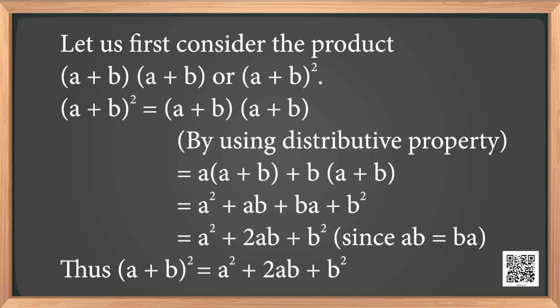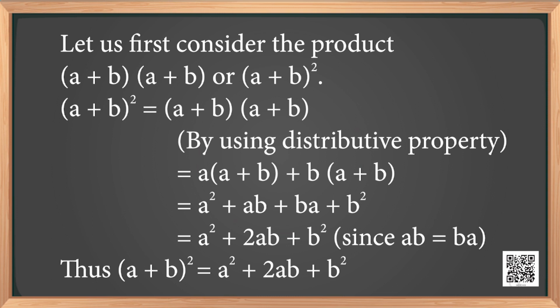By using distributive property, a times (a plus b) plus b times (a plus b), which is equal to a square plus ab plus ba plus b square, which is equal to a square plus 2ab plus b square. Why? Because ab is equal to ba. Thus, (a plus b) whole square is equal to a square plus 2ab plus b square.